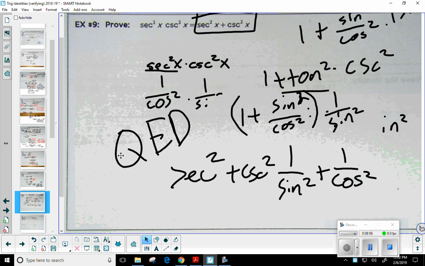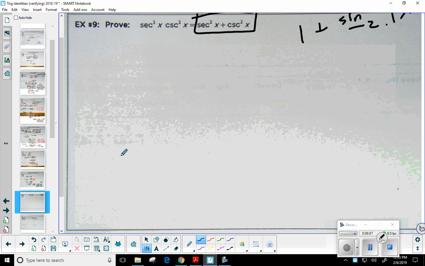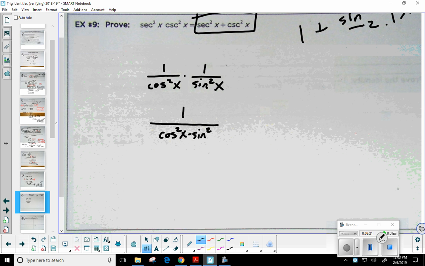Would you like to see quickly what I did? I always like to see new methods. So what I did, I started with the left side as well. I said that's 1 over cosine squared. Cosecant squared is 1 over sine squared. So I just multiplied those together and had 1 over cosine squared times sine squared.